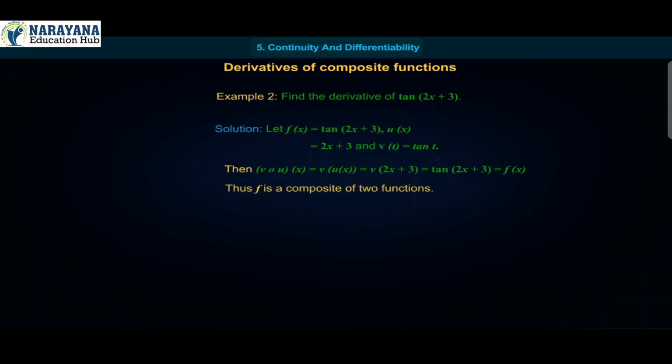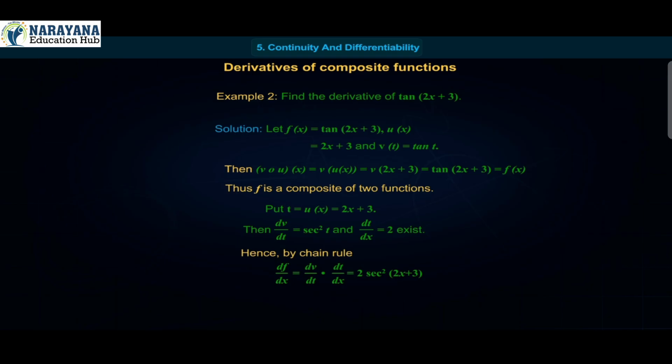Thus, f is a composite of two functions. Put t is equal to u of x, which is 2x+3. Then dv/dt is equal to sec^2 t and dt/dx is equal to 2 exist. Hence, by chain rule, df/dx is equal to dv/dt into dt/dx, which is 2 sec^2(2x+3).